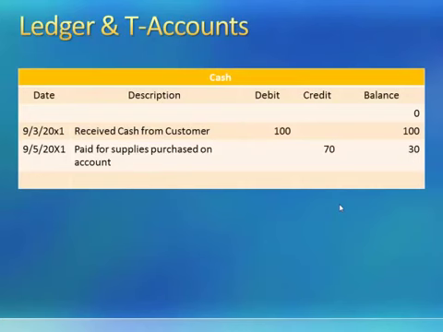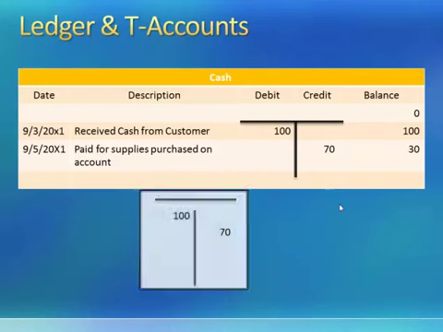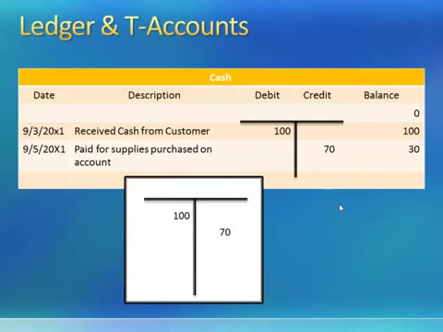Next, let's take a look at the T account. A T account is a convenient way to summarize what happens in a particular ledger account. So here we have our cash account, and we can draw a T over our debit and credit columns. Then we're going to bring that T down, as well as the debit and credit entries included in the cash account to date.